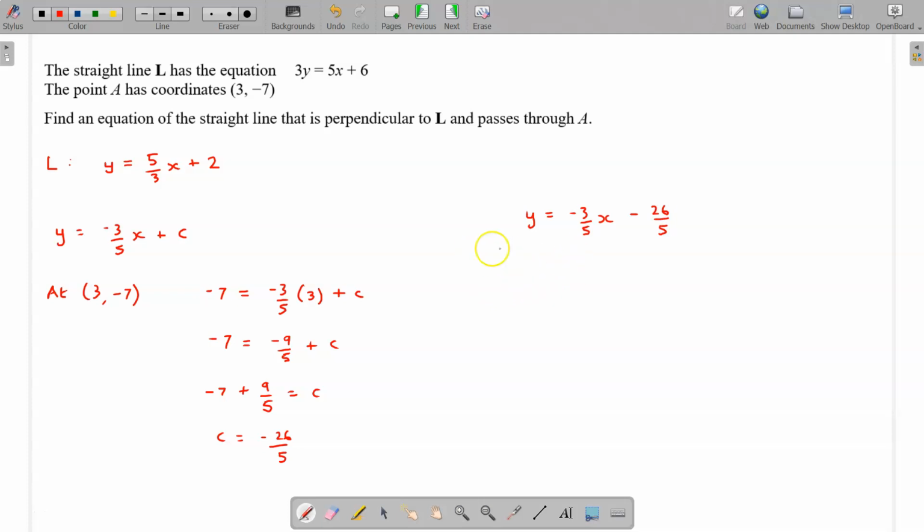If you want to, you can times everything by 5 and express it like that without any fractions. So you could have 5y equals minus 3x minus 26. Or you could arrange it a different way if you wanted to. But those are all correct answers to that question.